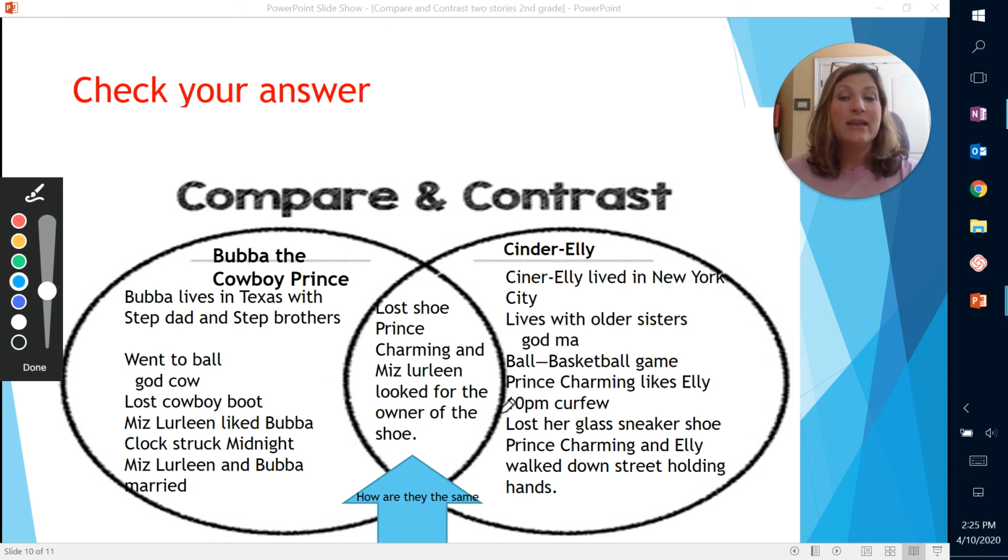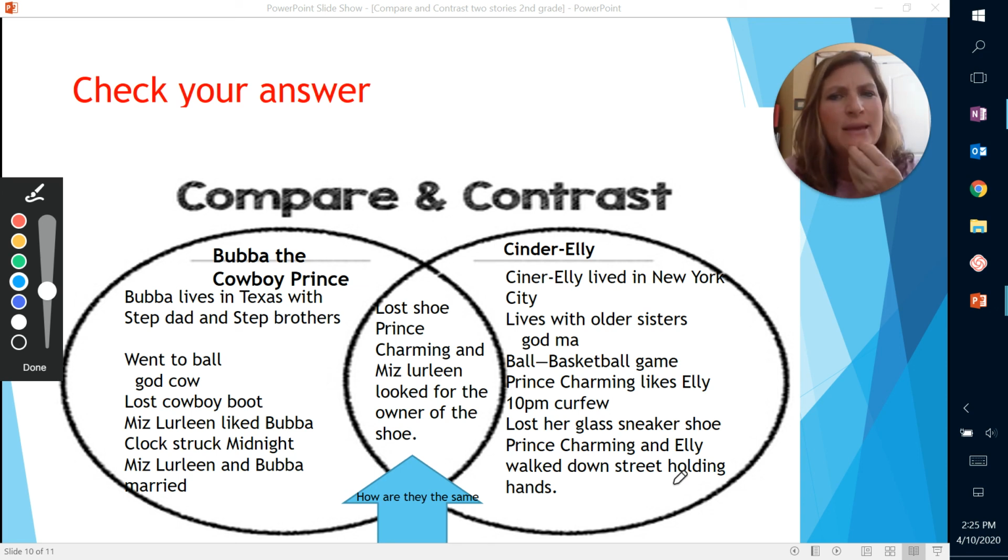Cinderella, she had a curfew, so she had to be in the house by 10 o'clock, whereas something terrible happened to Bubba. When the clock struck midnight, all his fancy outfit turned into rags. And Miss Laureline, she fell in love with Bubba and they got married. But Prince Charming, that was at the basketball game, he actually walked down the street holding Elly's hand.